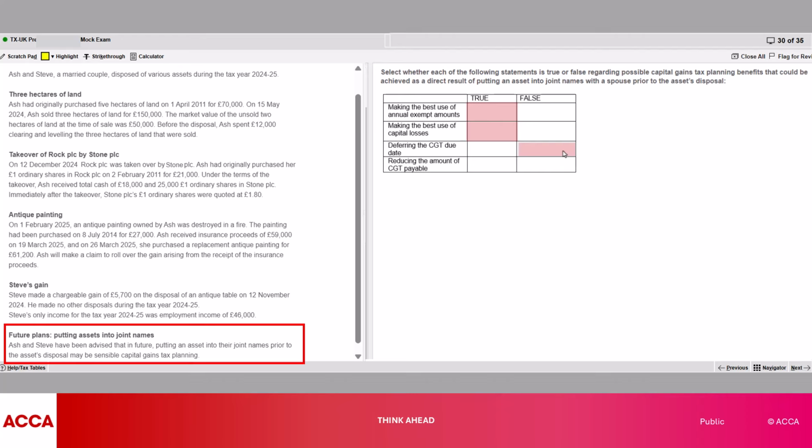If we were going to sell the asset on a specific date, then whoever sells it, it doesn't make any difference. The CGT will be due at the same time. However, we could reduce the amount of capital gains tax payable if, let's say, like in this example, one of the spouses still had some basic rate band remaining and the other was a higher rate taxpayer.